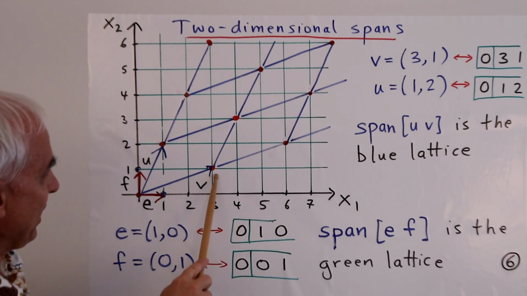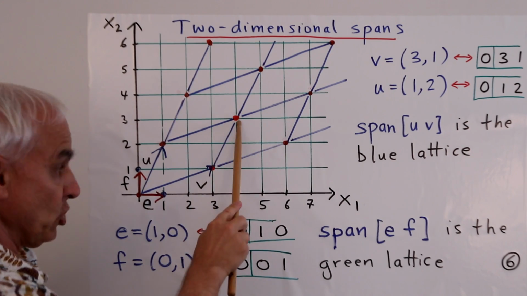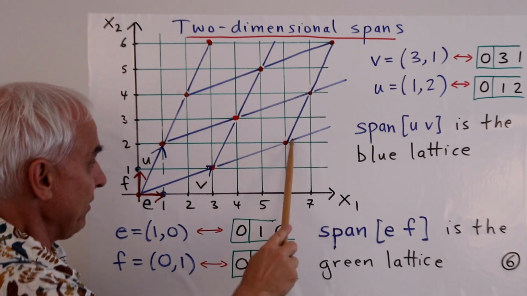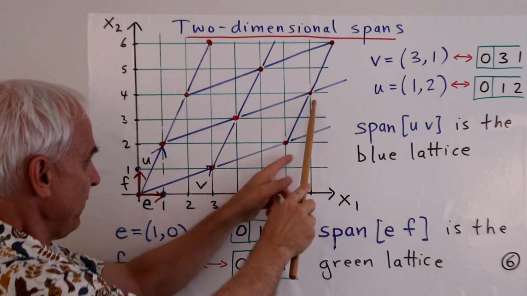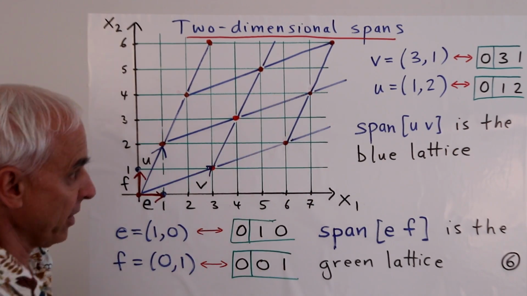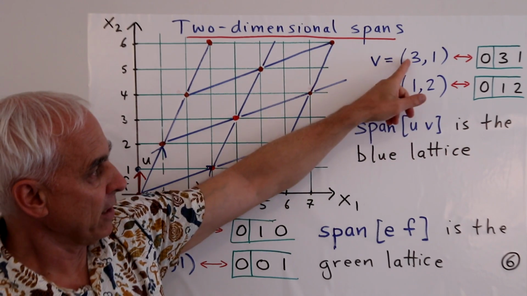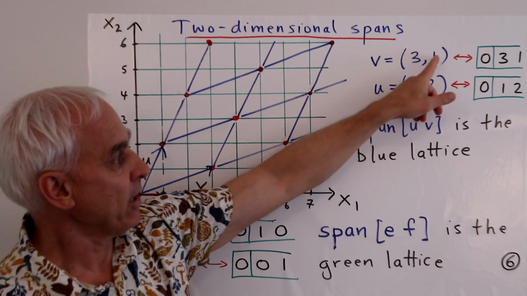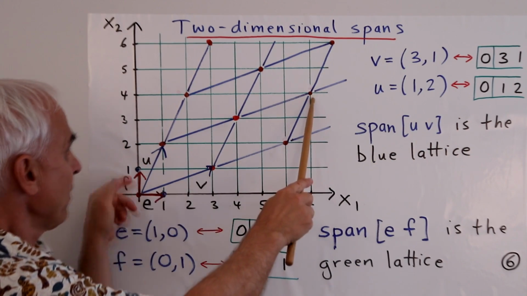So there would be V, there's 2V, there's U, there's 2U, here's U plus V, and 2 V's plus a U would be this one here. We could do that algebraically: 2V plus U would be 6 plus 1, that's 7, and 2 times 1 plus 2 would be 4. So this is the vector 7, 4.